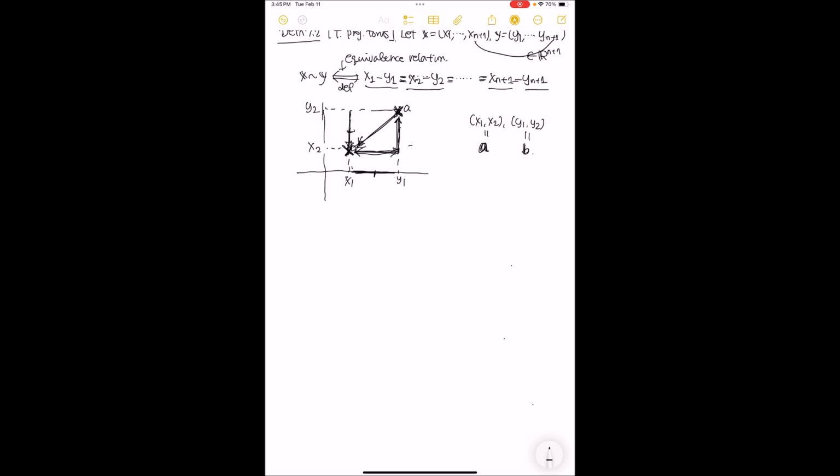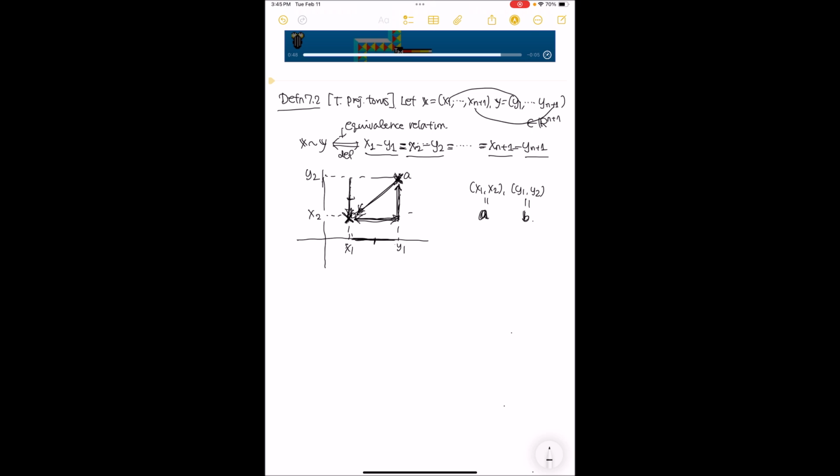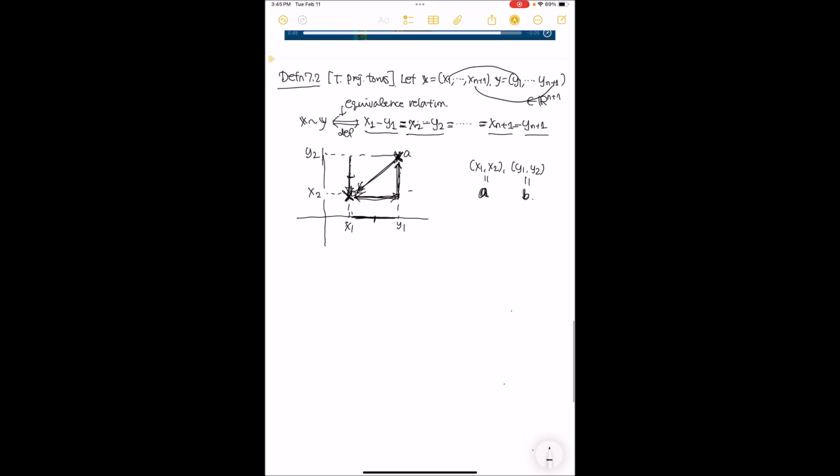That is like the concept of the torus. Then we can define the equivalence relation, denoted by x, because they are the same, and in this case we denote it by A.